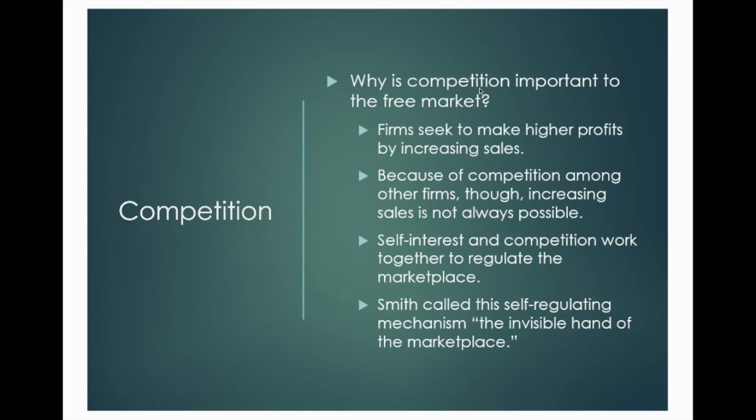Competition is also really important. You really want to seek multiple avenues or have choice within the market, and having choice basically allows the consumer to keep the firms regulated themselves, because firms are going to want to make money. And you can't do that if you're competing with somebody else who is making a better product at a cheaper price. So firms are going to be driven by competition to appeal to the consumers.